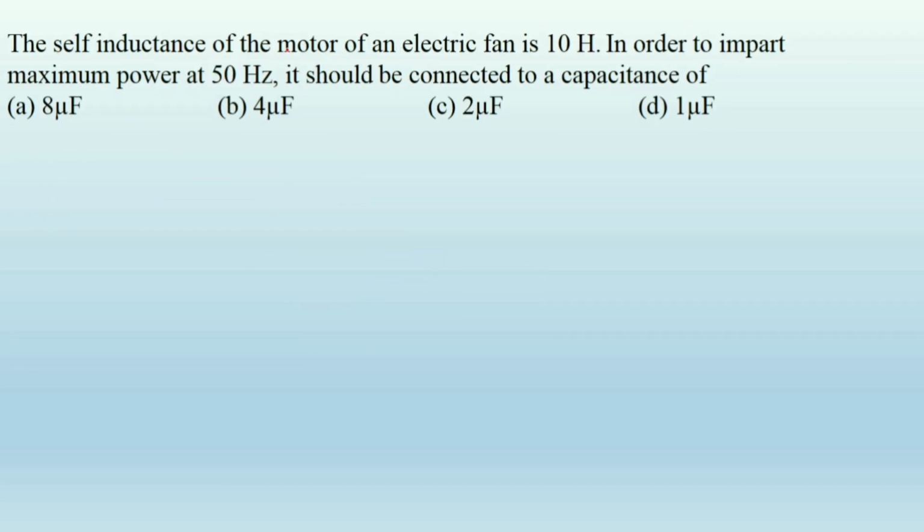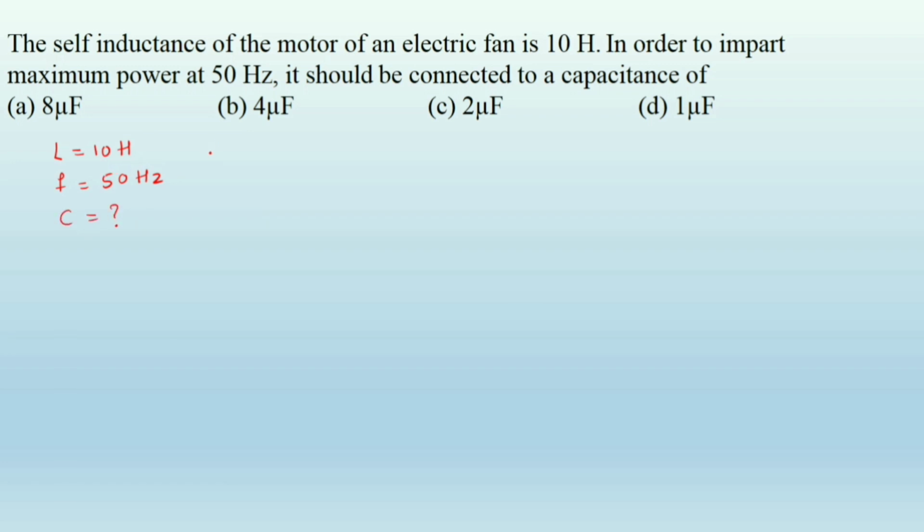The self-inductance of the motor of an electric fan is 10 henry. In order to impart maximum power at 50 Hz, it should be connected to a capacitance of. See here, the self-inductance of the electric fan motor is already given as 10 henry. Self-inductance is denoted by L, and L is given 10 henry. Then, in order to get maximum power at frequency 50 Hz, we have to calculate the value of capacitance.